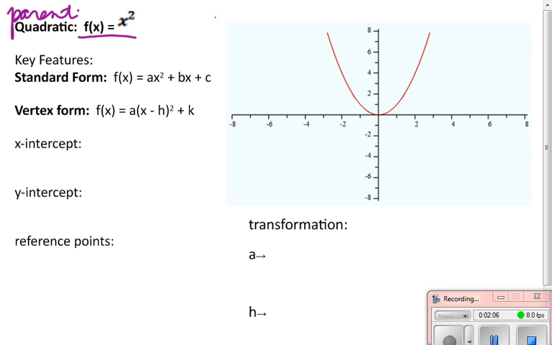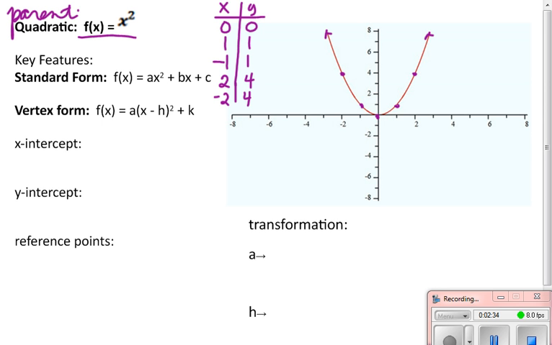So if you think about making a t-chart of this parent function, if you put 0 in, you get 0 out. If you put 1 in, 1 squared, you get 1 out. If you put -1 in, you get 1 out. If you put 2 in, you get 4, -2, you get 4. And this is that parent graph that you get.